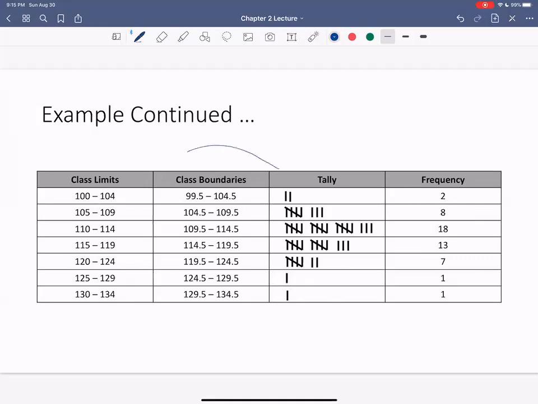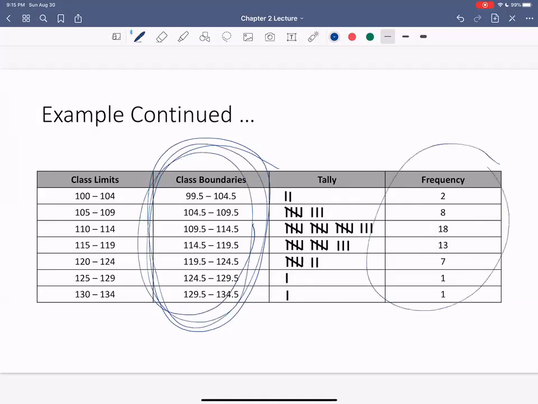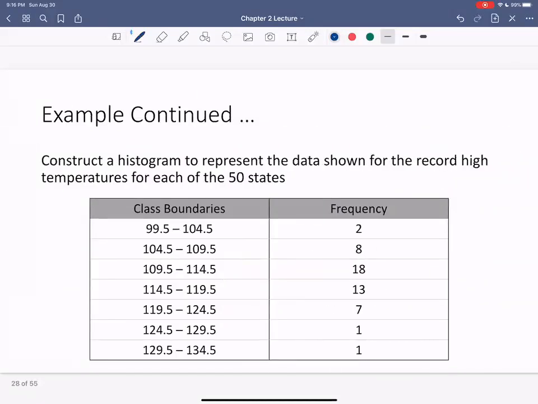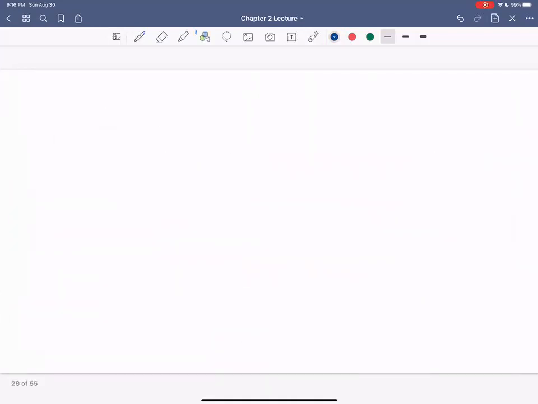We have our class boundaries, which is going to be, if you want to call it the x-axis, and then we have our frequency, which is what you would call the y-axis. So these 2 are what we are going to be graphing. All right, you can see here's what we have right there. This is what we're going to use to construct our histogram. All right, so let's construct this.